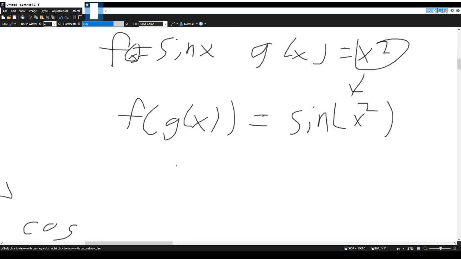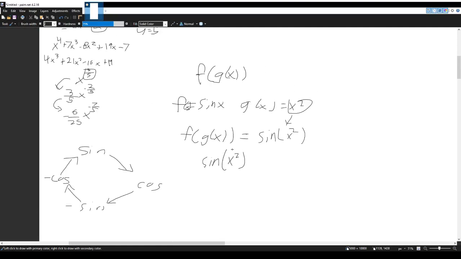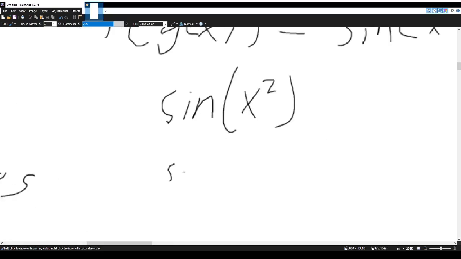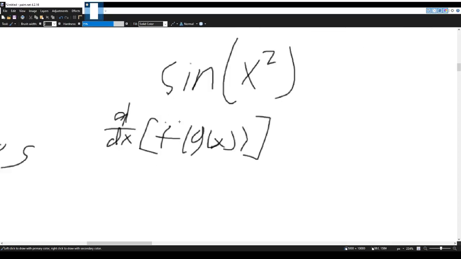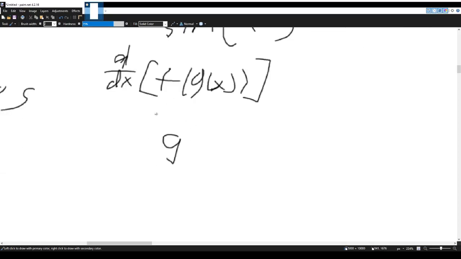If you just see something like sine x squared, you might not think about that as a function inside of a function, but thinking about it that way is really useful when trying to find the derivative because of the chain rule. What the chain rule says is that if you have f of g of x and you want to find the derivative of this, by the way, the derivative is d over dx, a way to show that you're trying to find the derivative, that is equal to the derivative of g of x times the derivative of f of g of x.